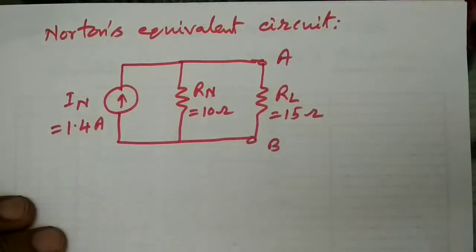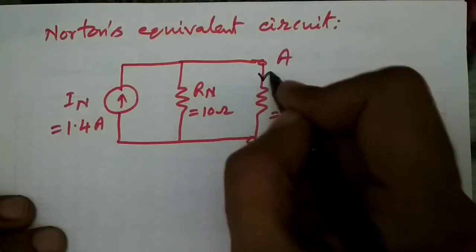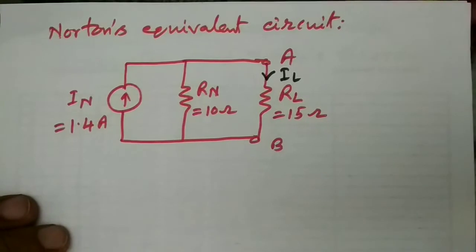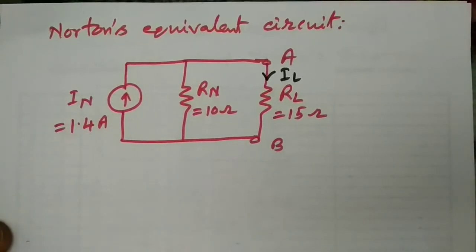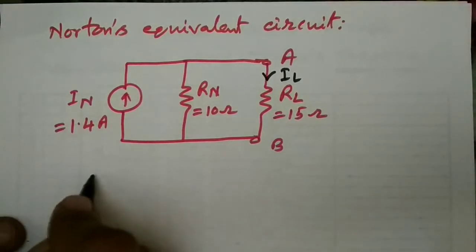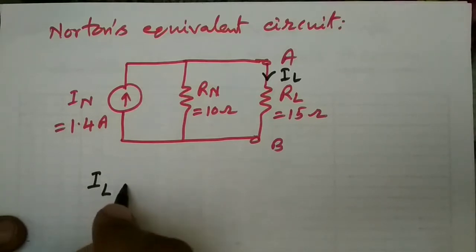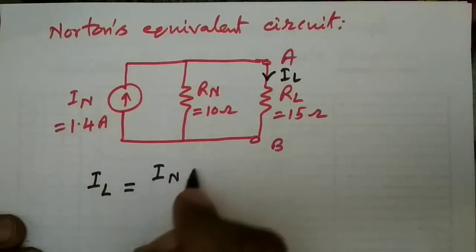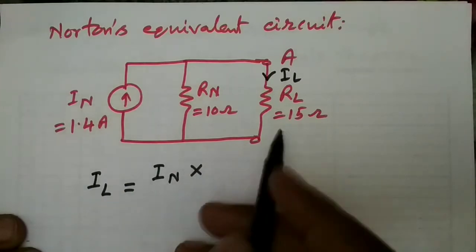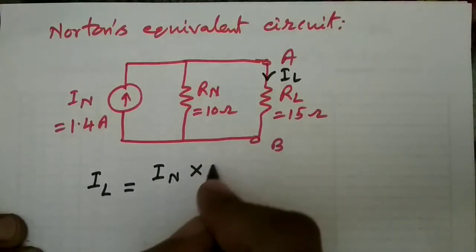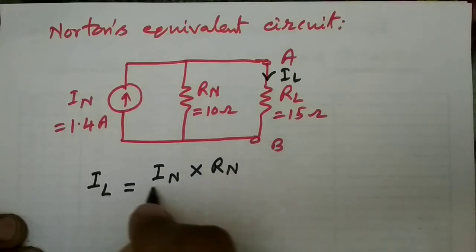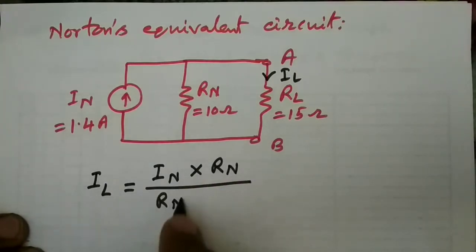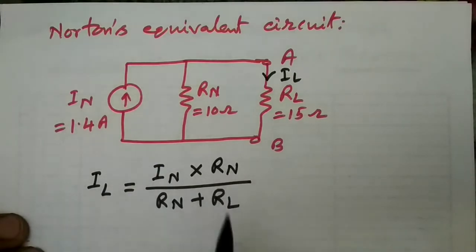Then we have to calculate the current through the load resistance, that is IL. And here we will apply the current division rule. So according to the current division rule, IL will be the total current, that is the Norton current, into the resistance of the opposite branch, that is RN, upon sum of two resistance, that is RN plus RL.